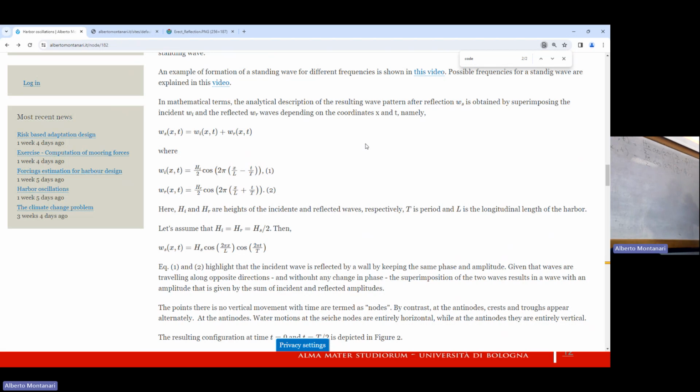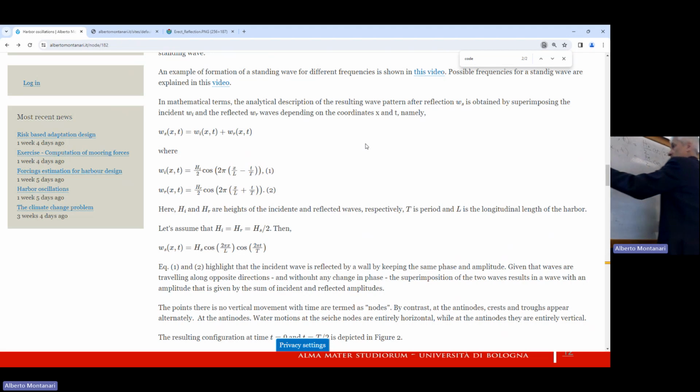Okay, good. So now let's study x equals 0 and the time t equal to T, the period of the wave.